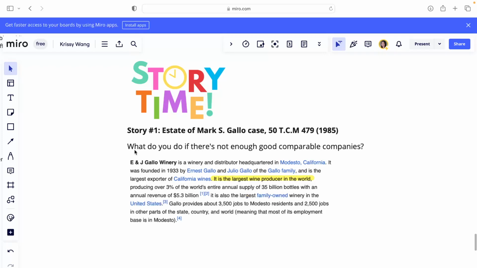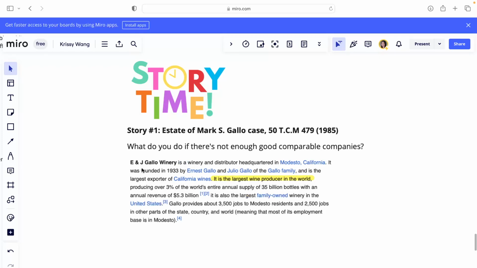And to make it even more difficult, at the time when he passed away, when people needed to value the company and therefore determine how much his share was worth, there was only one publicly traded wine company on the market. And very sadly, that public wine company is no comparison to Gallo Wine Company. That one company is really small. It doesn't have strong brand recognition, right? So it's very difficult.